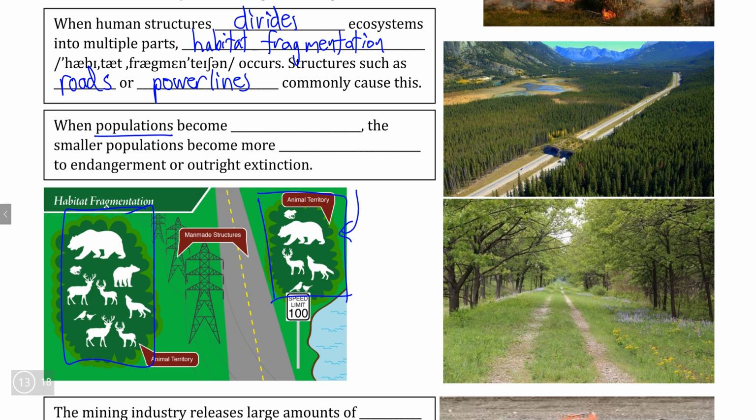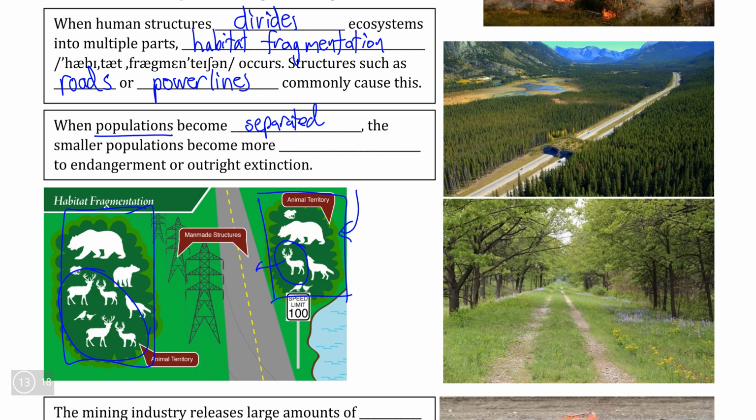Now, this is especially dangerous for the community on the right because each of these populations is significantly smaller than the ecosystem that exists on the left. So when populations become separated, the danger is magnified for the smaller populations. For example, we can see that this side has much fewer caribou than this side does.